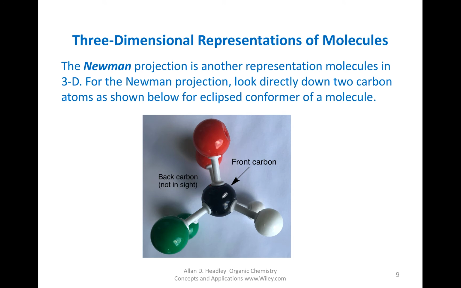So what you see is a front carbon that has a red, green, and white. And then there's a back carbon that you can't see because it's blocked by this carbon. And then there is a red group in the back that you can't see because it's blocked by this group. And so on and so forth. So this projection is called the Newman projection. Let us see how we write this though on a piece of paper.